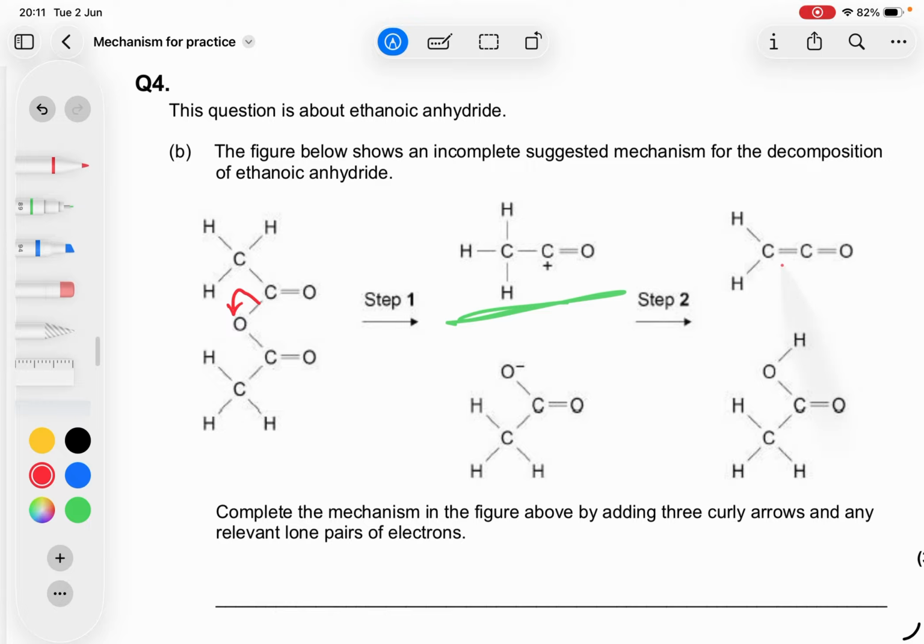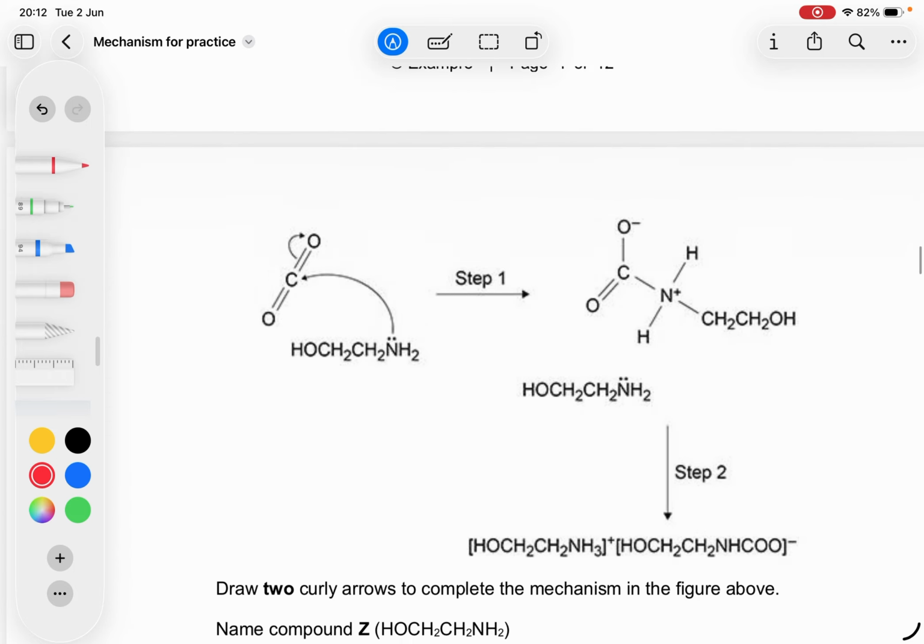And then if a double bond forms in step 2, that means that this is a double bond, and see this lone pair on the oxide here, that attracts that hydrogen, and that's the product you're getting. And that's another good example of another mechanism that's going on there.